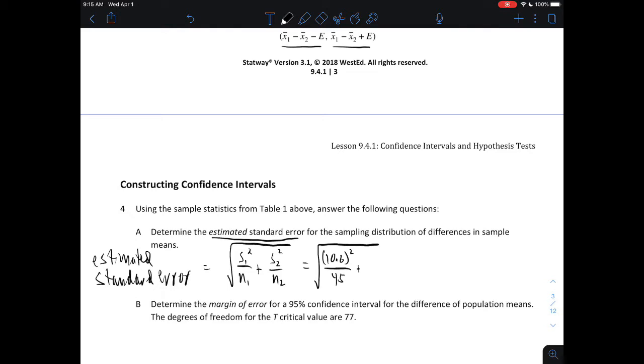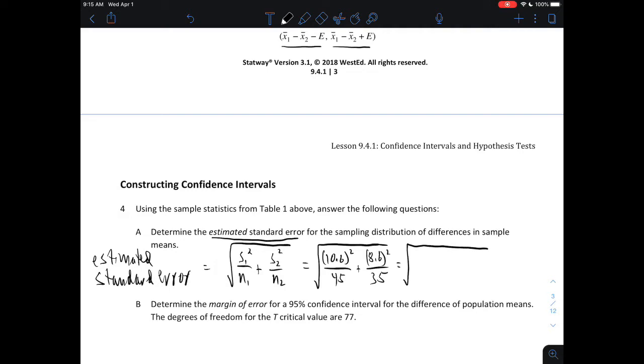Then I take the standard deviation for the second sample, which was 8.60. So 8.6 squared, and then divide that by the sample size for sample 2, which was 35. Now this is going to take a lot to put into the calculator at once, so I don't recommend doing that. It is okay to break this up into steps.